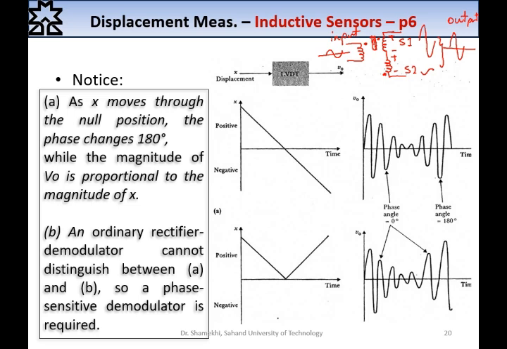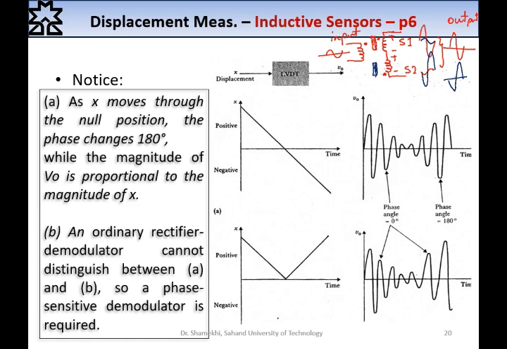And if we move the core to the bottom or close to S2, the output of S2 will be increased and the output of S1 will be decreased. Therefore, adding these two signals leads to an output like this.